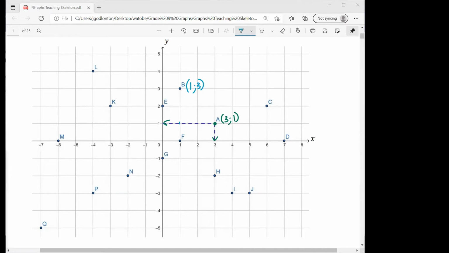Excellent. Okay, so Tabisa's given us an answer here for K. Now it's -3, because that's my x value, and my y value is 2. Beautiful. Nice.